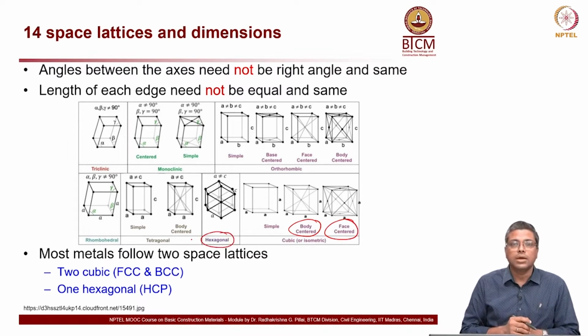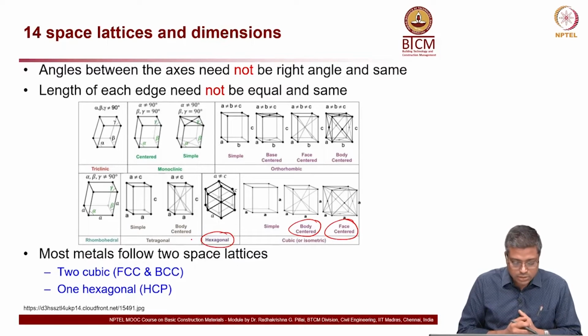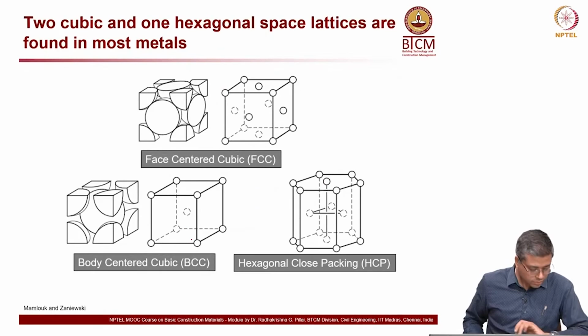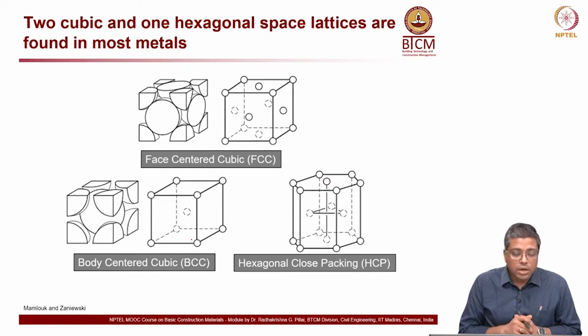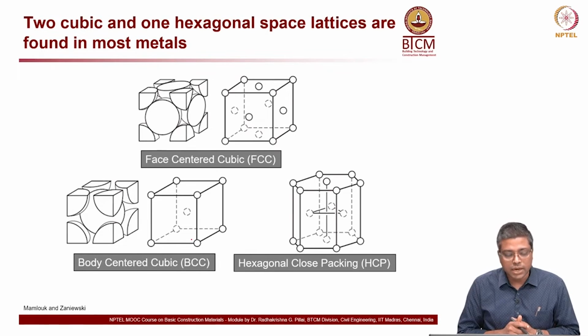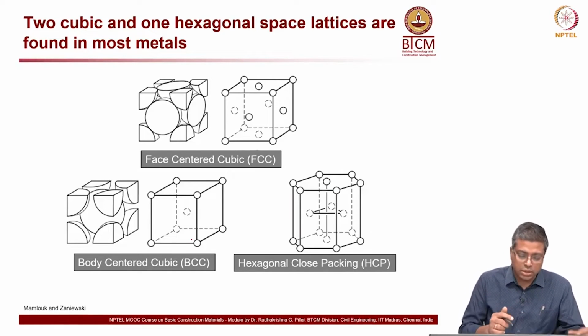These are the three lattice structures which we see in case of metals. Now, those two cubic and one hexagonal space lattice are found in most metals. I just discussed that from the previous slide. So, these are a little bit closer look at those lattice structures.